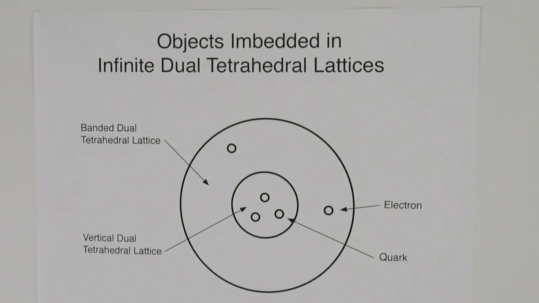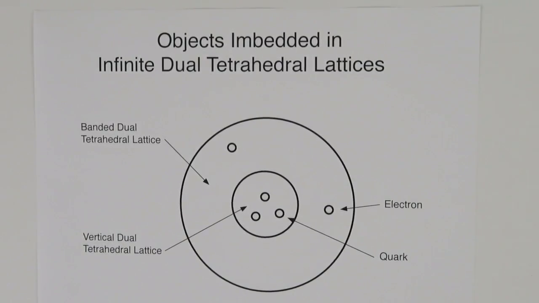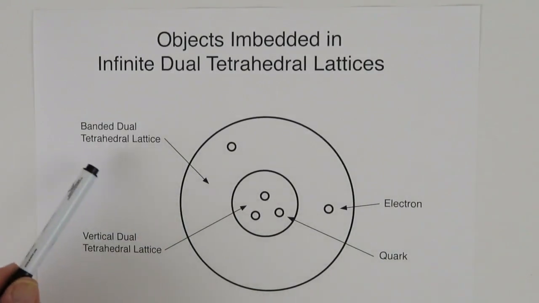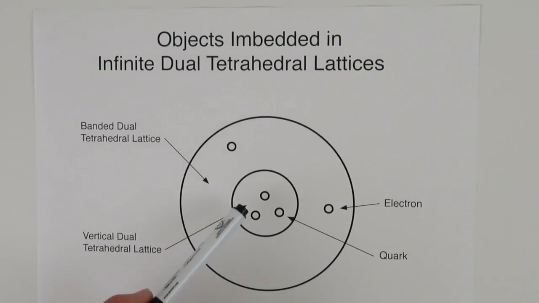In an attempt to try to make sense of the possible utilizations of the two forms of the dual tetrahedral lattices, I've made up this image. Supposing we have a construct of an outer field made of the banded dual tetrahedral lattice and an inner field made perhaps of the vertical dual tetrahedral fields.